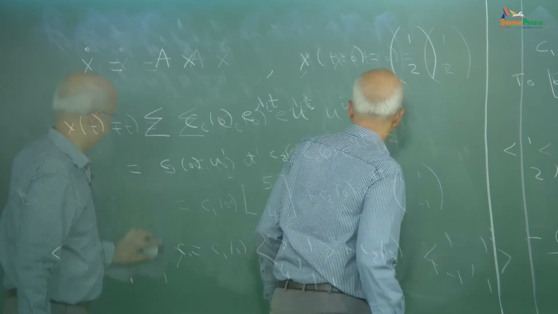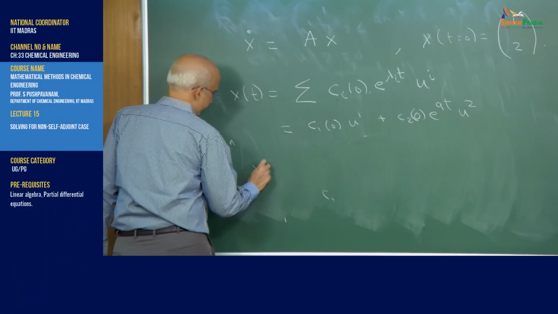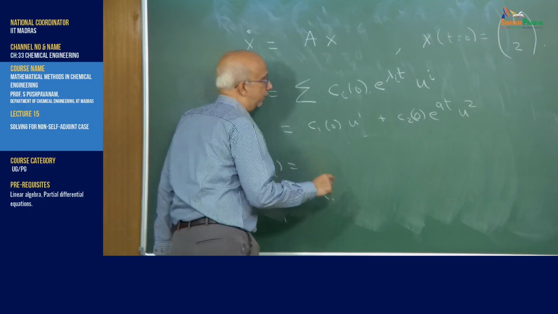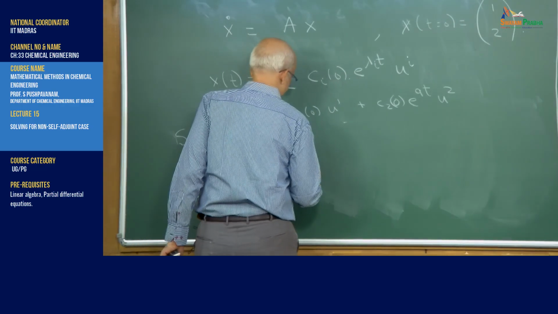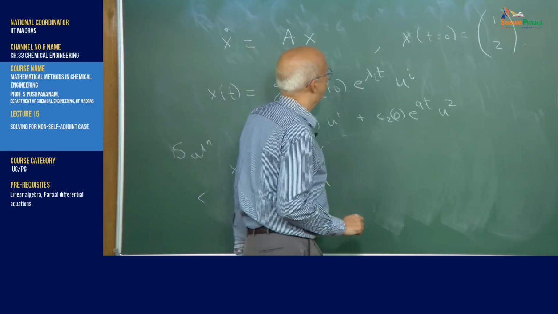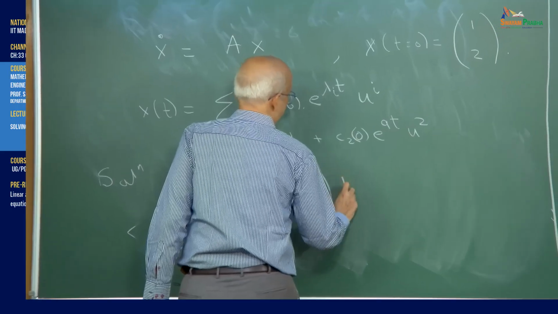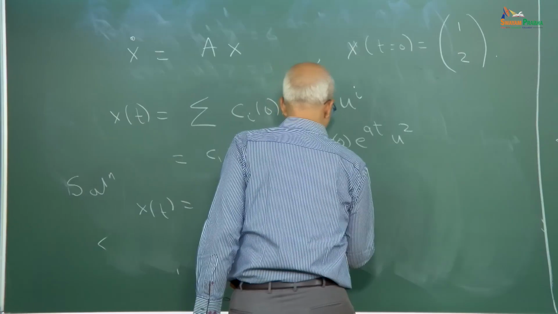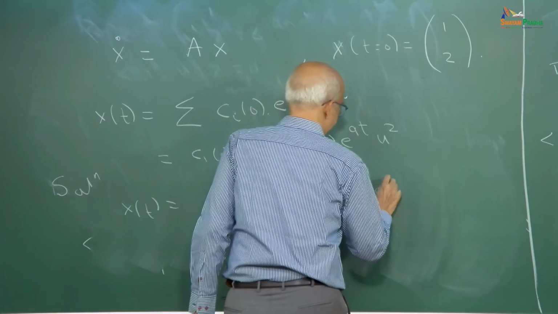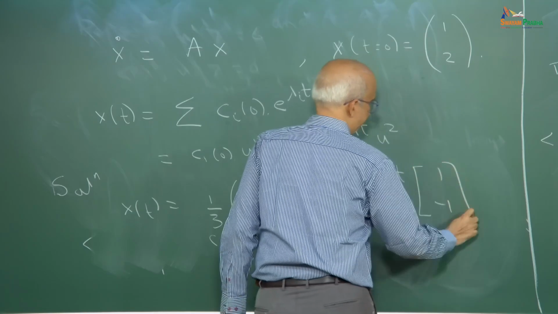So, the actual solution is x of t equals C1 of 0, which is 1/3, times u1, which is 5 4, plus C2 of 0, which is minus 2/3, e power 9t, 1 minus 1.